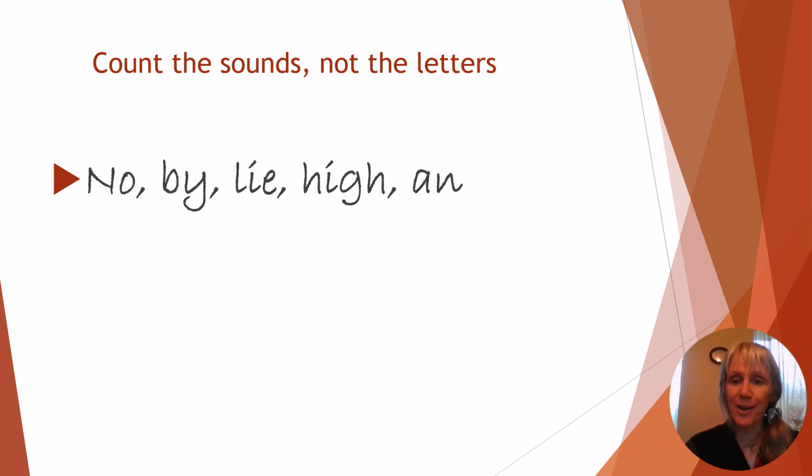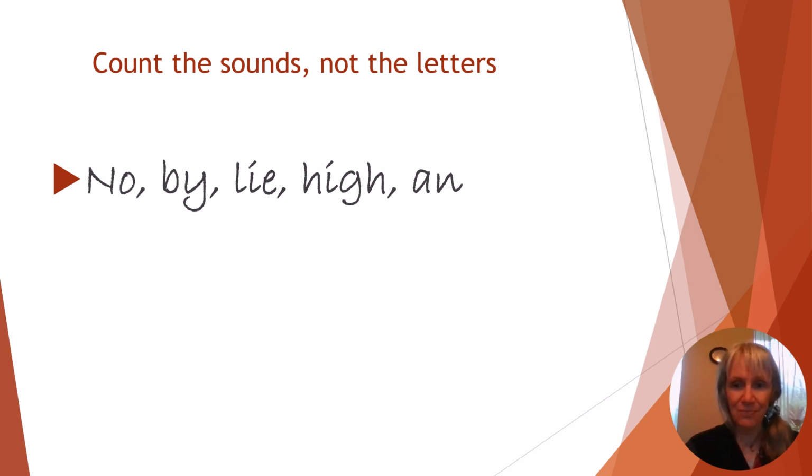So we make a box around the N. That N is a grapheme that represents a phoneme N, and it deserves a box. The vowel sound, which is in the middle of our word part, is O. O deserves a box. Do we have an ending consonant vowel?